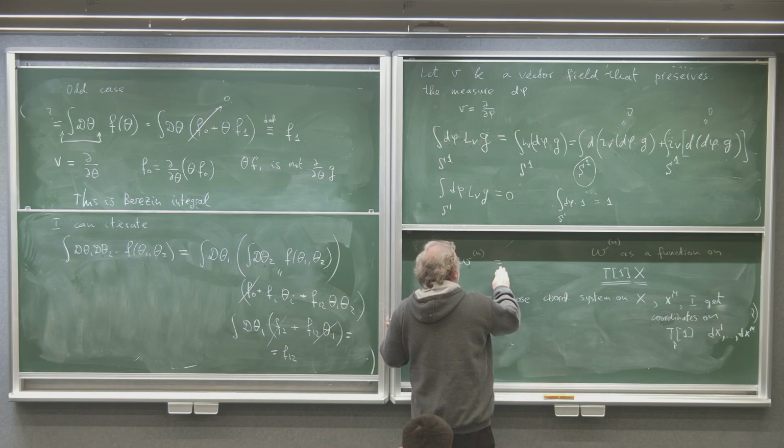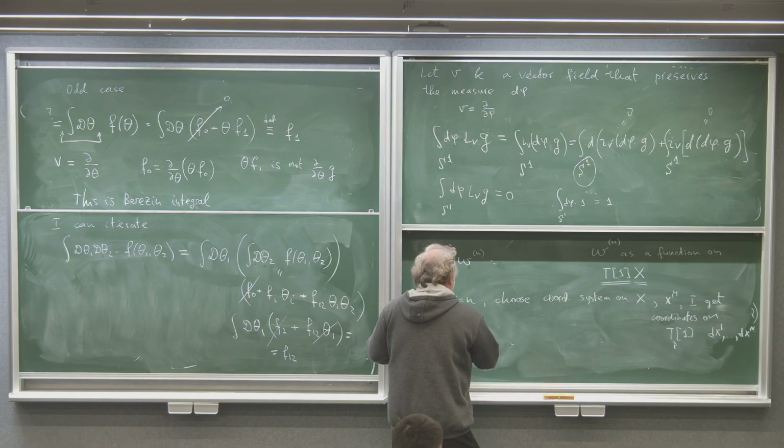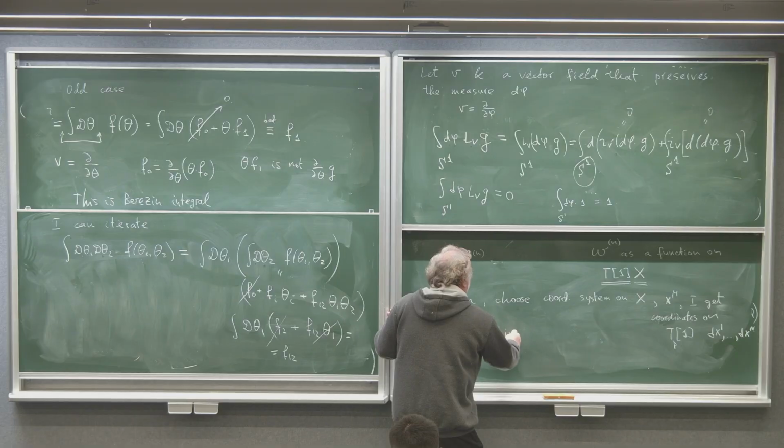So I would like to decompose my differential form as omega I1 In over x.